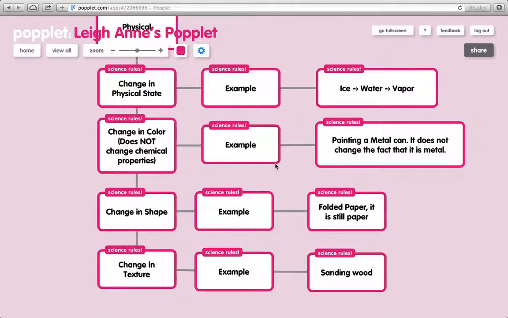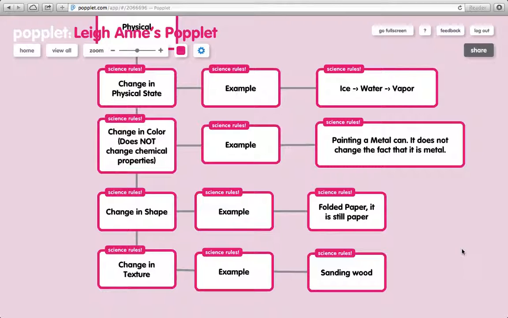For the color changing one, which does not affect the chemical property, is painting a metal can, like I said earlier. My third change in shape, I basically said folding a paper like origami. It is still paper after you fold it into a crane, so that's why it's a physical property, or a physical change, excuse me. And then my final one, change in texture, and the example I used is sanding wood.